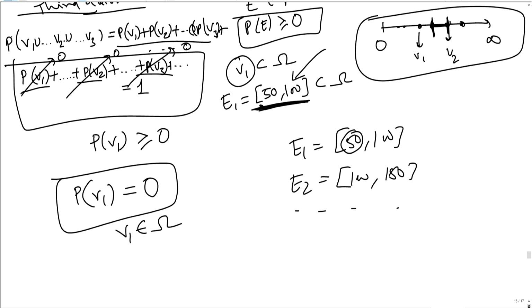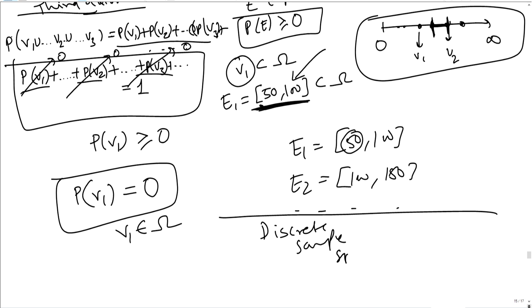Okay. So, the nature of the probability assigner function is going to be very different for these cases. Which cases? For a continuous sample space. That is why we make this important distinction between discrete sample space and continuous sample space. Okay.